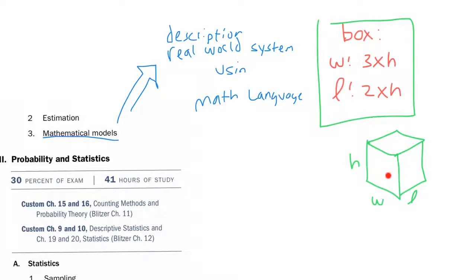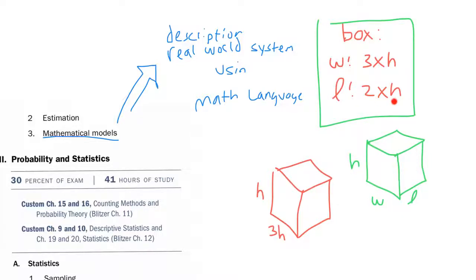But a good mathematical model to describe this situation would be to redraw it with only a single variable represented. So the length is 2 times the height, the width is 3 times the height, so it seems like the height is kind of a big deal. So we are going to write h. H is, in a sense, the star of the show. And the width, according to this, is 3 times h, so you could do that.